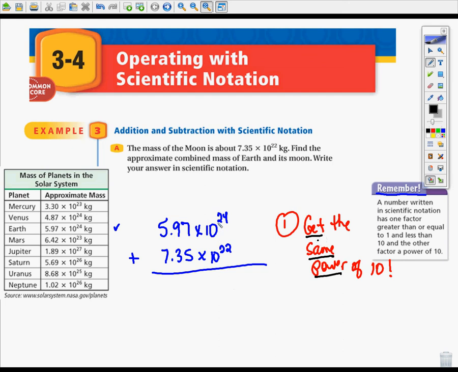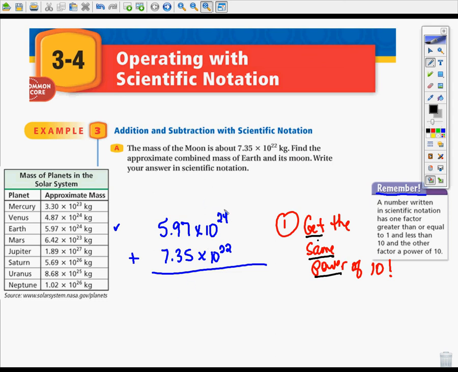So I can either make this 10 to the 22nd or I can make this 10 to the 24th. It doesn't really matter, but you have to do one or the other. So what I'm going to end up doing is making the 10 to the 24th equal to the 10 to the 22nd.